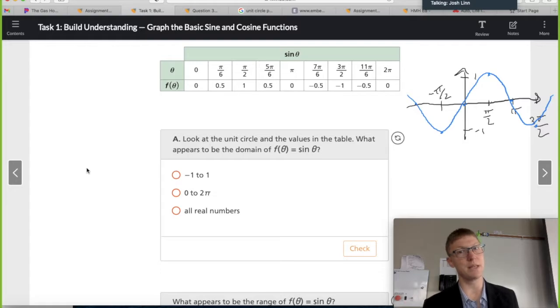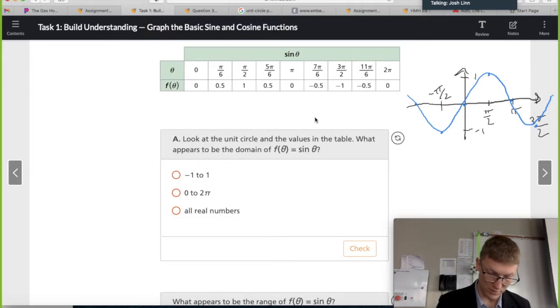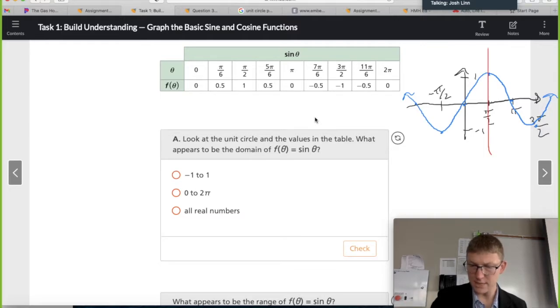What appears to be the domain? Domain and range are never going to go away, so get used to it. Remember, the domain is for all values of x. Is there a value for it? You can also think about this as the vertical line test.